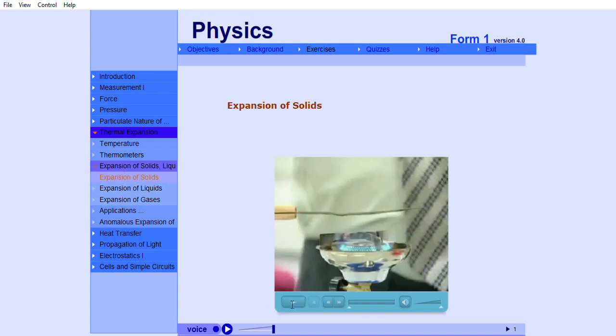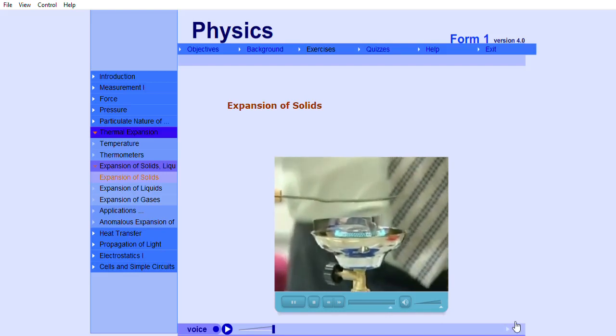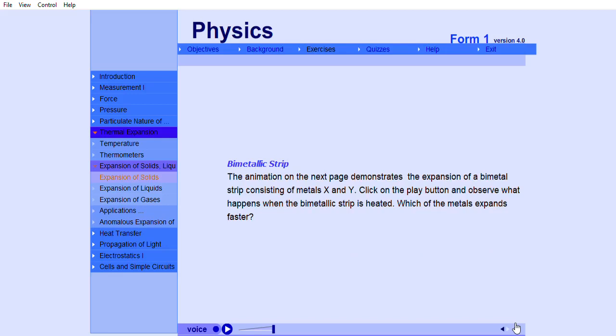Expansion of solids. Bimetallic strip. The animation on the next page demonstrates the expansion of a bimetal strip consisting of metals X and Y. Click on the play button and observe what happens when the bimetallic strip is heated.